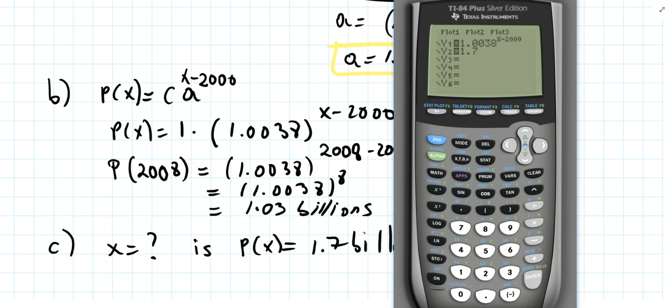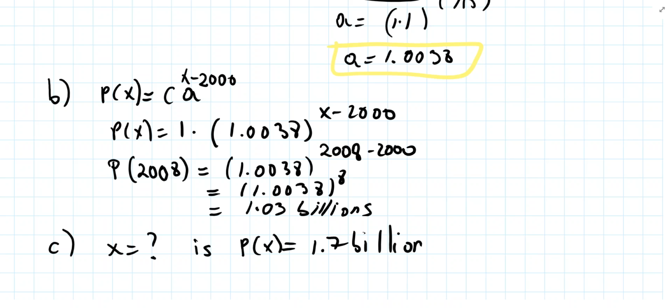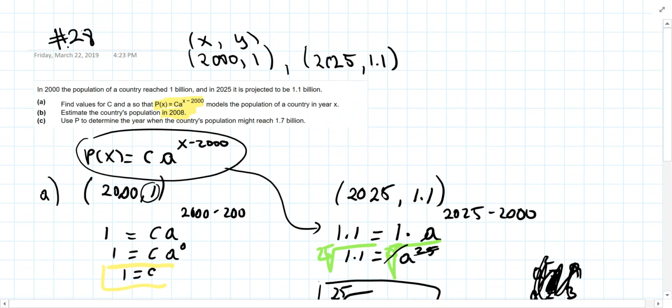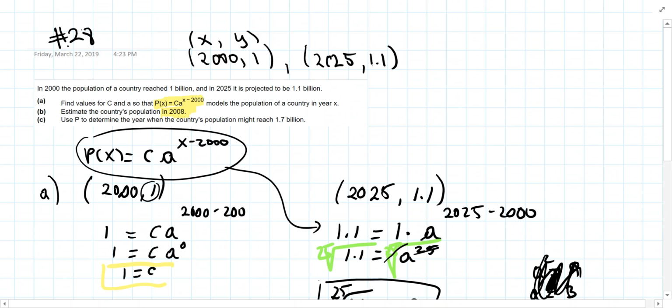Now we've got to think of the window. So the X is years, starting in 2000. Yeah, so I need to think a little. For example, I know that in 2025 the population is just 1.1, and I'm interested to find when it's 1.7, so it has to go more than 2025, right?